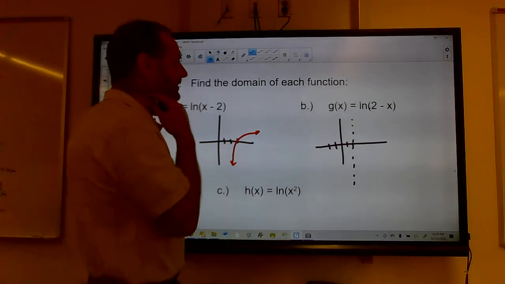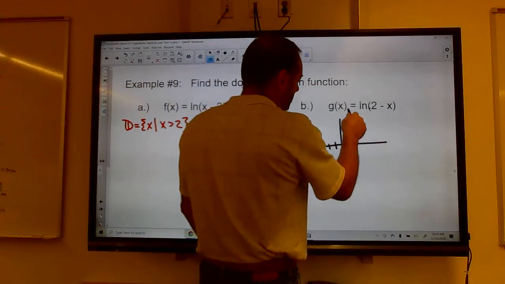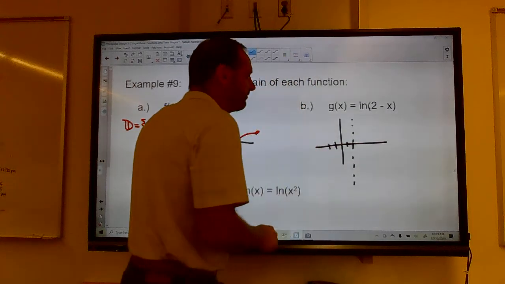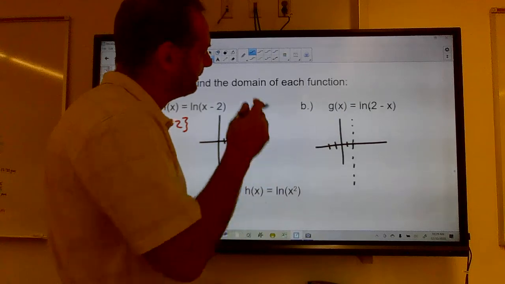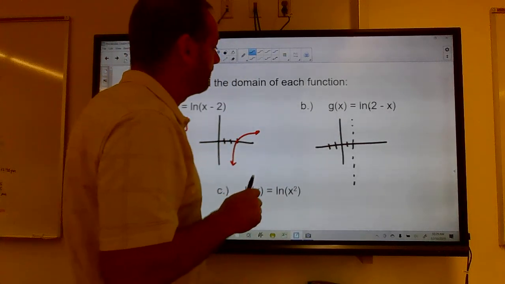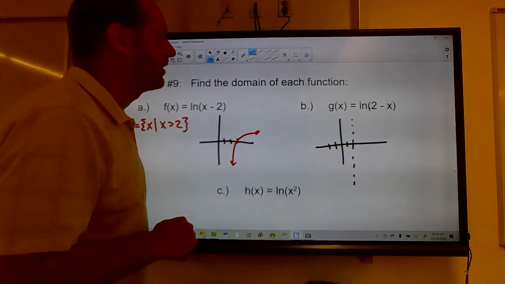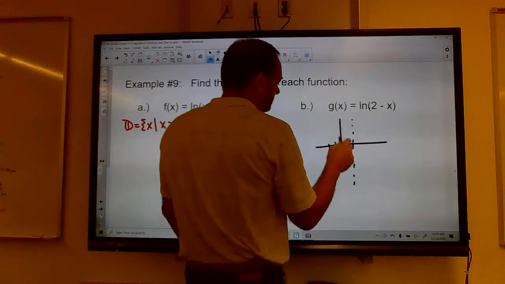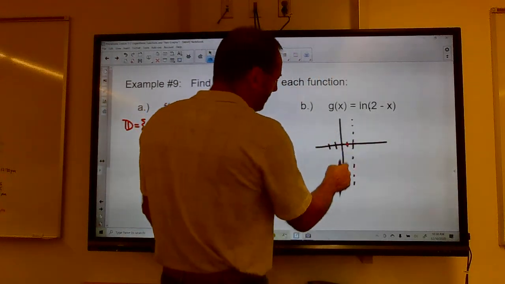I can put in all the negative numbers that I want. So this thing is either going to go like this or it's going to go like this. I've got to figure out which one. So let's see. If I put in 1, I get the natural log of 2 minus 1, which is the natural log of 1, which is 0. It's going to cross right there. I just have to do one in between here.